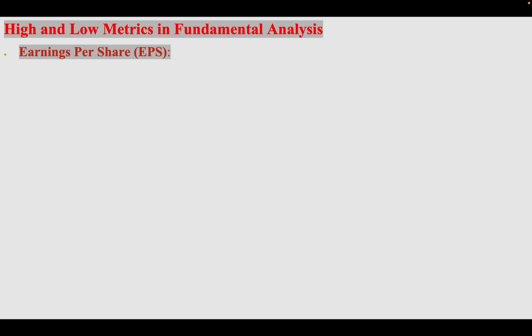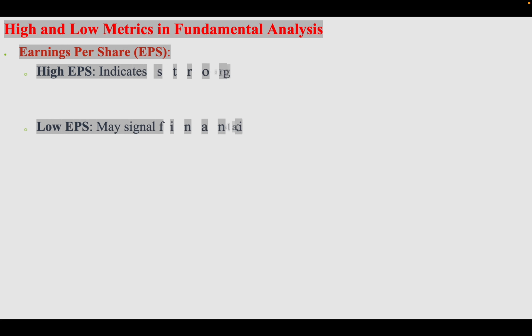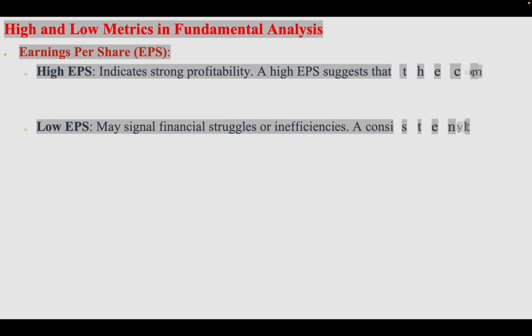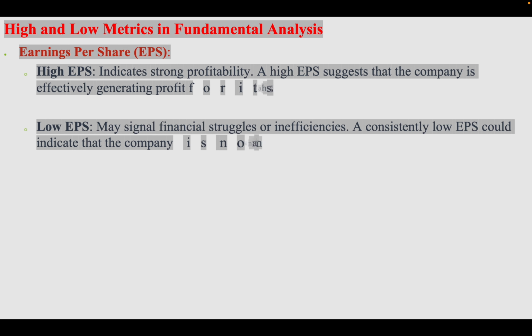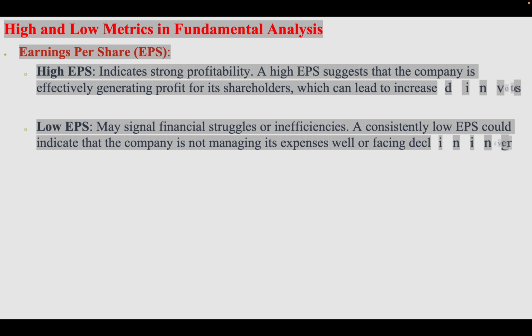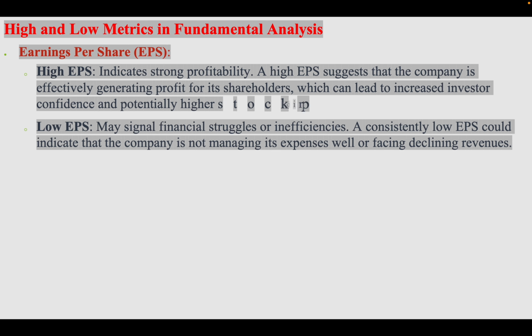Earning per share, EPS. High EPS, it indicates strong profitability. A high EPS suggests that the company is effectively generating profit for its shareholders, which can lead to increased investor confidence and potentially a higher stock price.